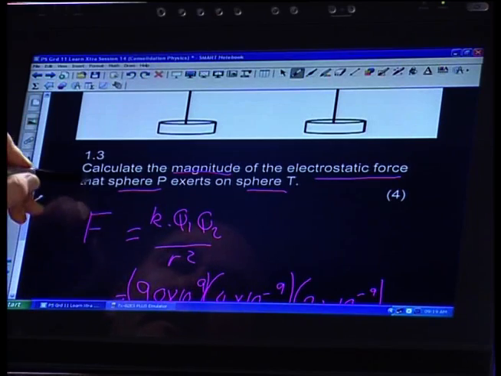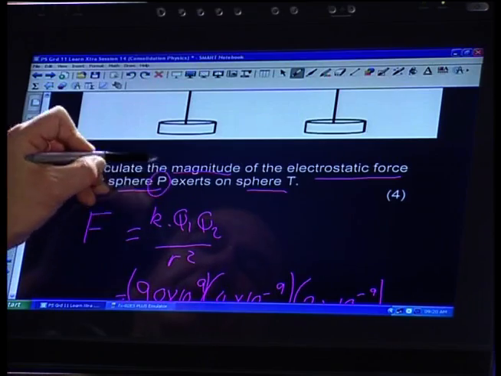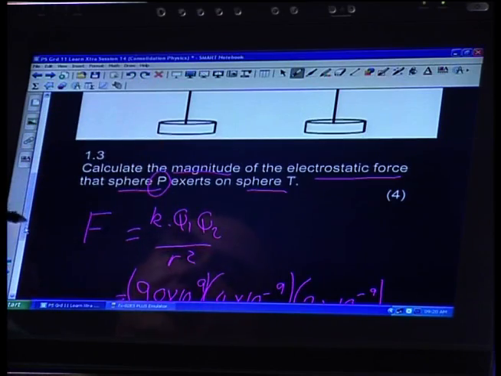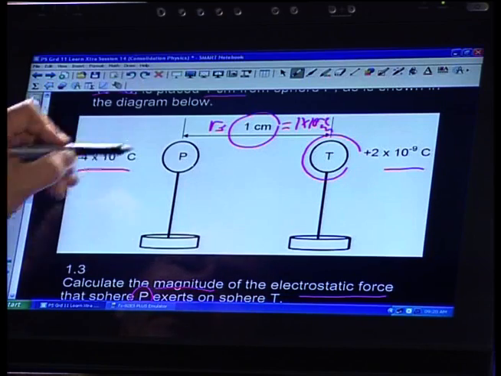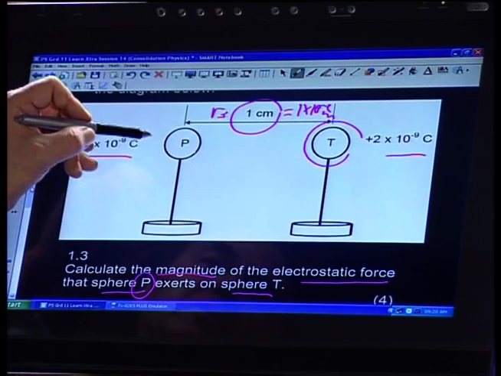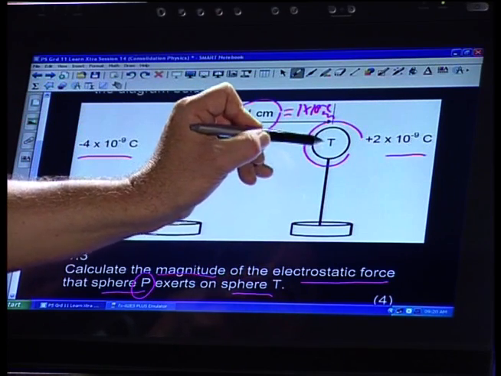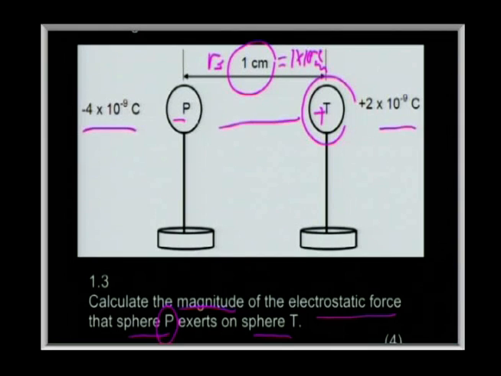Notice what it's saying. It's saying the force that sphere P exerts on T. So look over here. P exerts on T, and because this one is minus and this one is positive, we're saying that the force is towards P. It's attraction, because unlike charges attract.